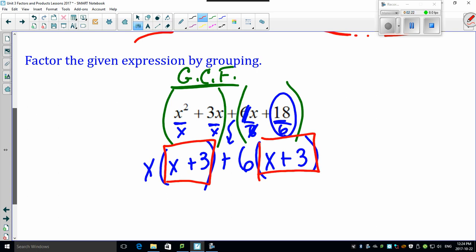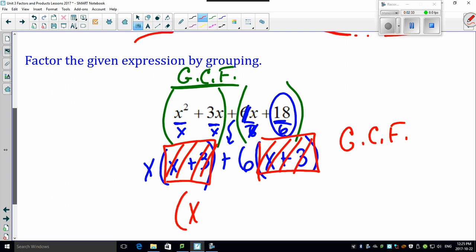Isn't that neat? So that means you can GCF once again. You can actually take an x plus 3 out of both, which is the greatest common factor of those two things, and look what you're left behind with: x plus 6.